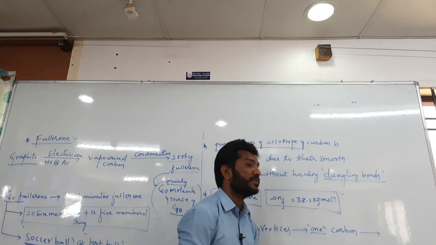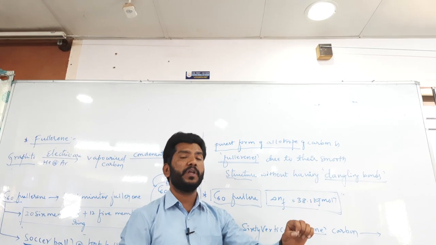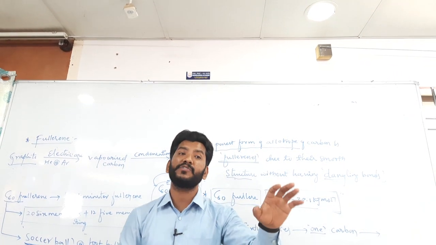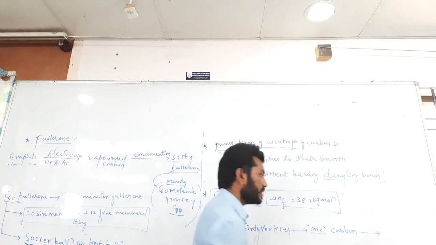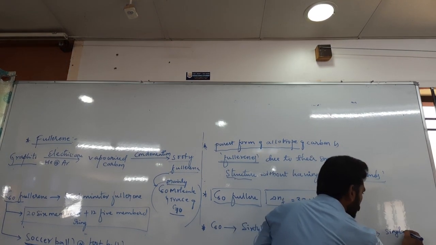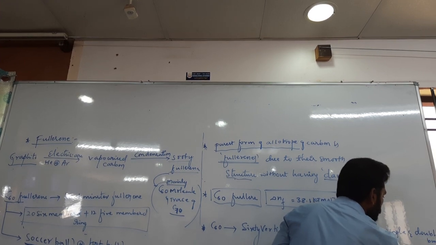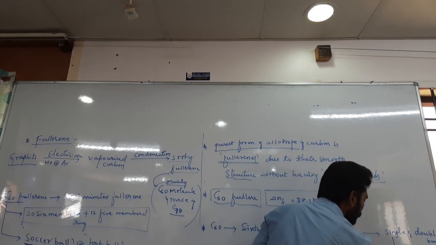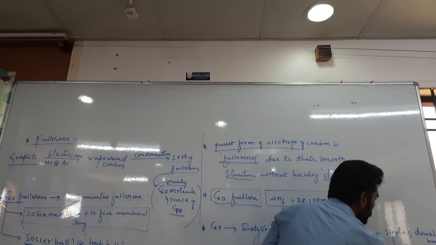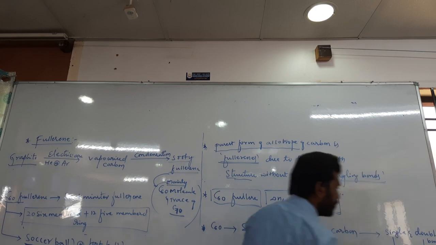And in that particular C60 fullerene, what actually happens is that it consists of single and double bonds, guys. The single bond has a bond length of 143.5 picometer, and the double bond has a bond length of 138.3 picometer, guys.